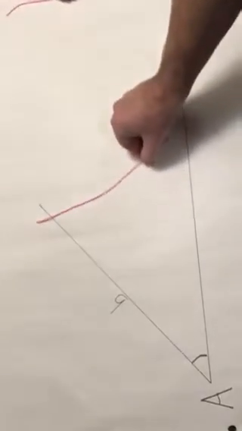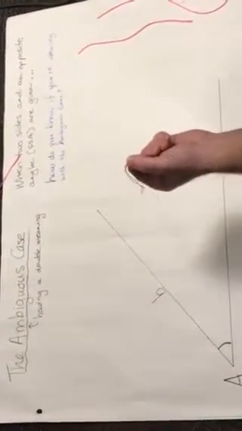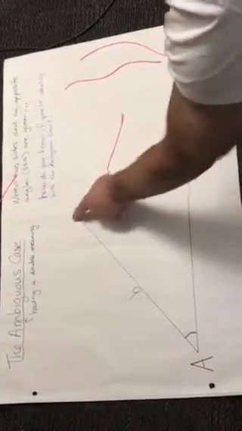Side A is too small to create a triangle. So one condition of the ambiguous case is no triangles can be drawn. With that given angle, and this side length for B, this side length for A, no triangle is possible. You can't draw it. Not possible.